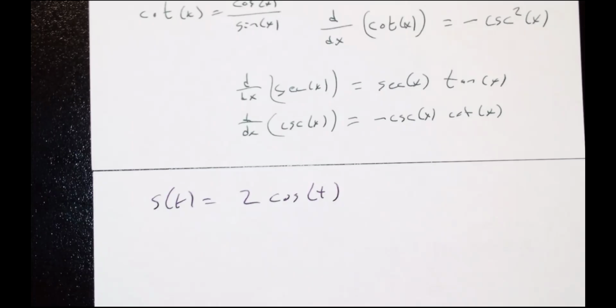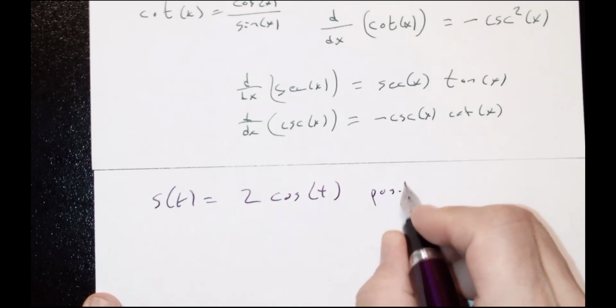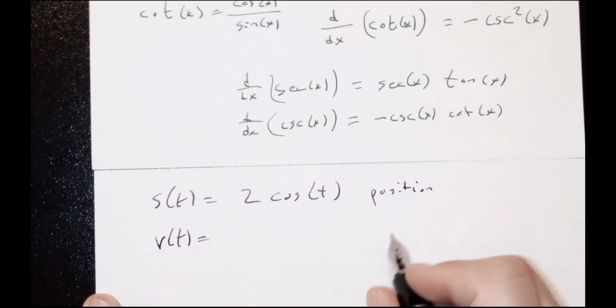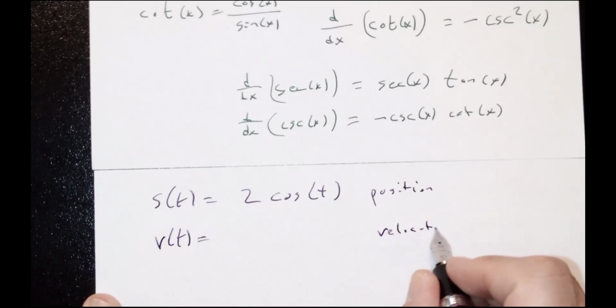Because meters to meters per second, that's change in, that's exactly what a derivative is. Derivative of cosine is, and what do I do with the two? It's being multiplied, so I just keep it.